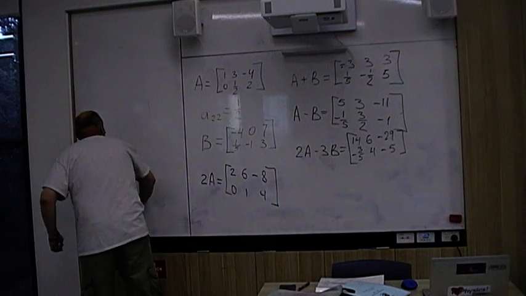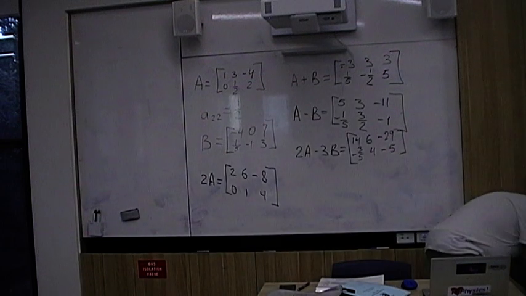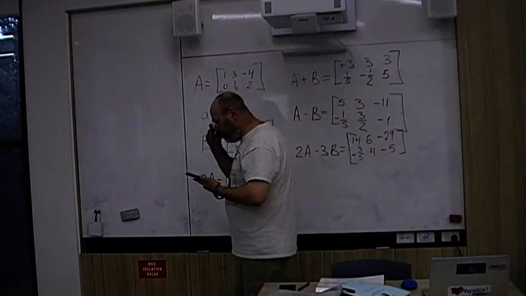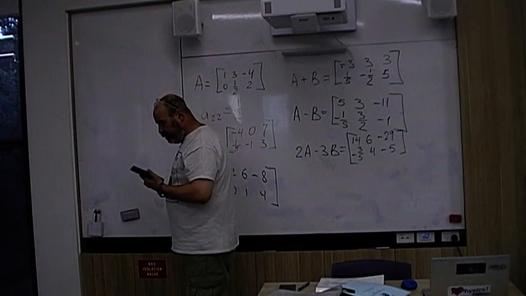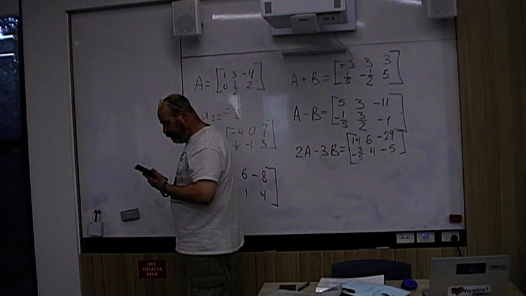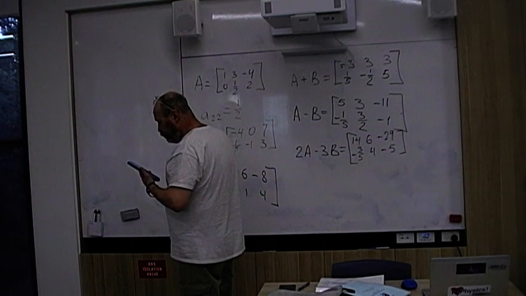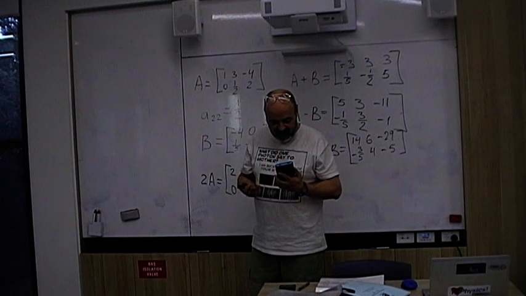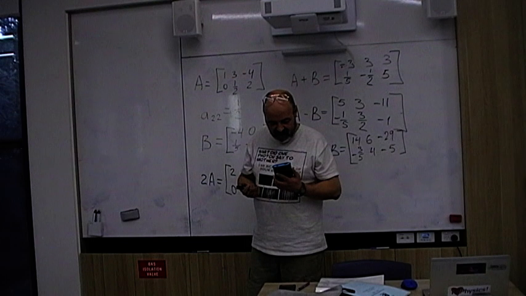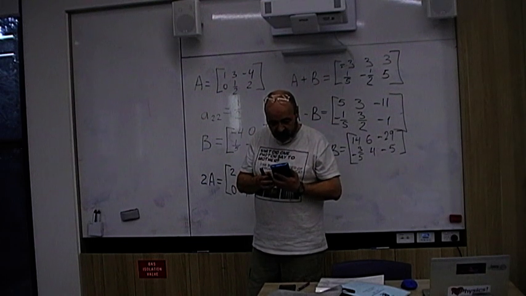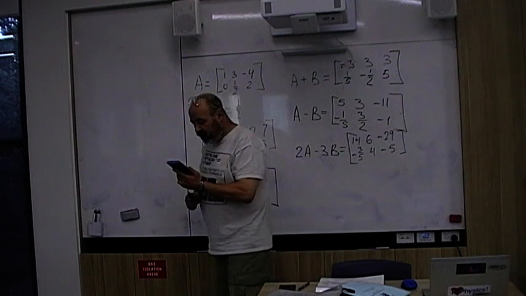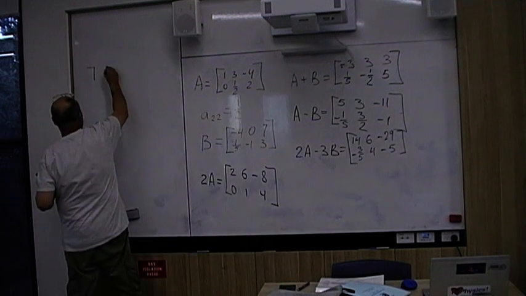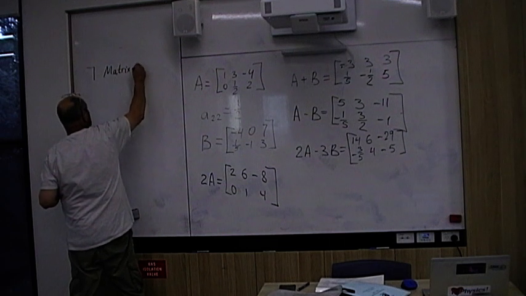So with the TI, to make a matrix, you press menu, then you have number 7, matrix and vectors.